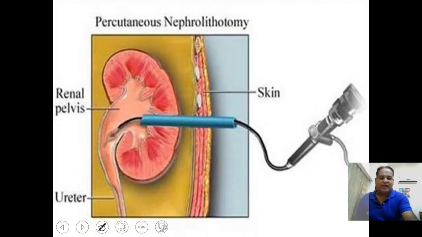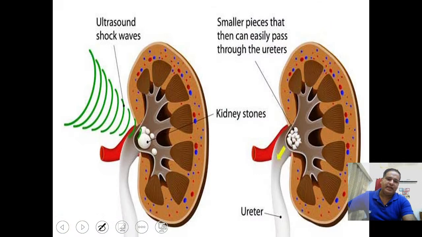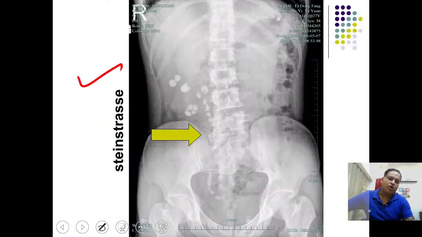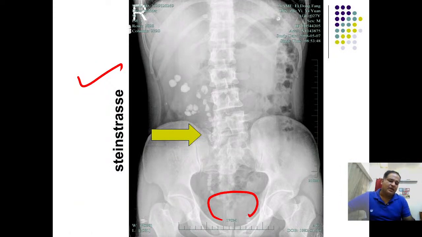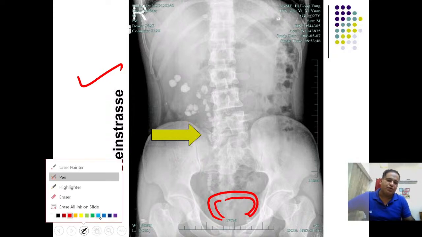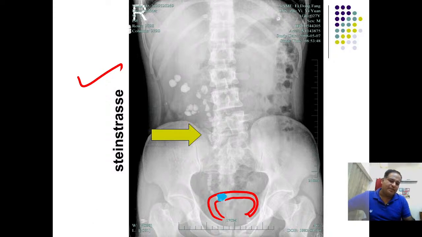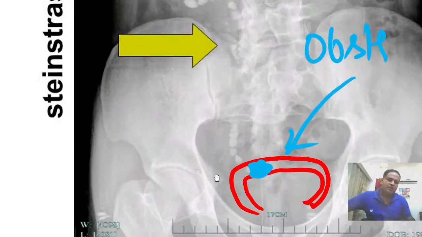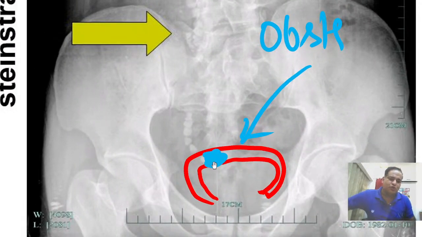But see here, let's say you broke the stones into small fragments. You expected that the stones would immediately pass into the urinary bladder, and then be easily passed to the outside. But you did not notice that there was an obstruction over here. There was a big stone lying at the ureterovesical junction.